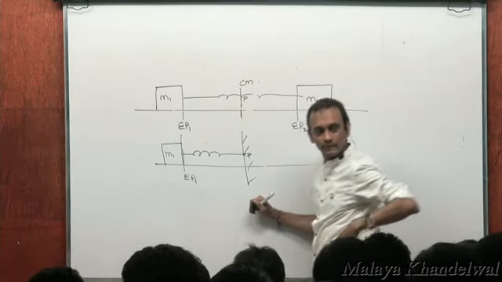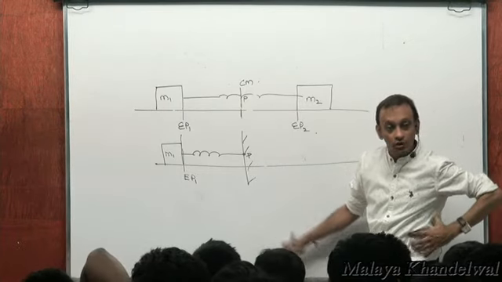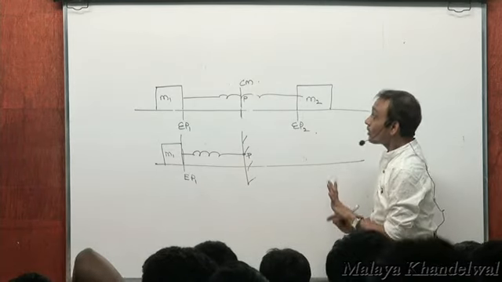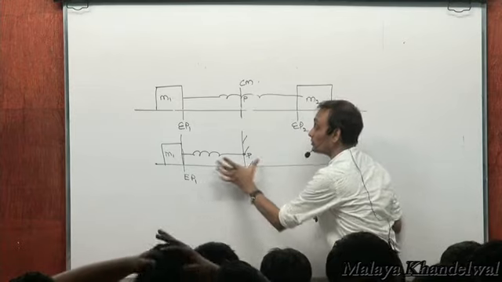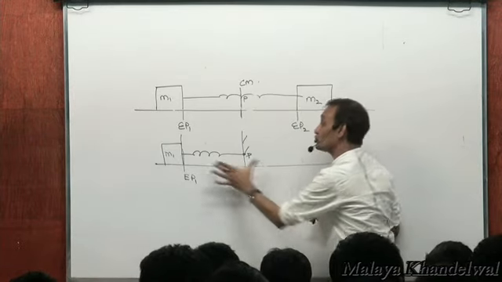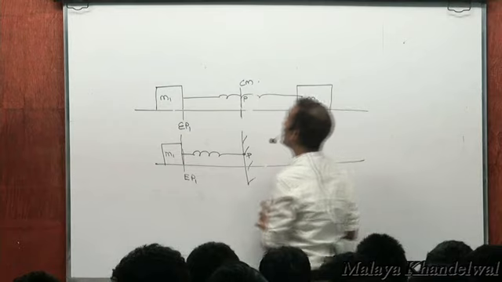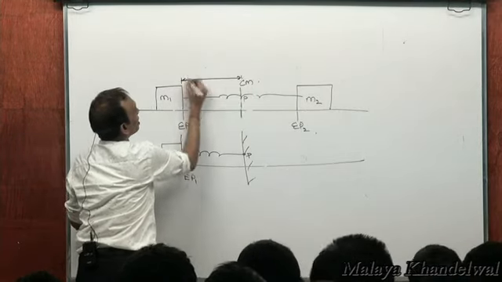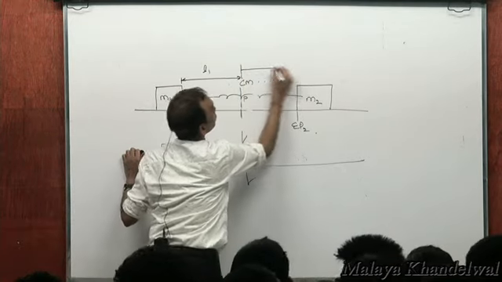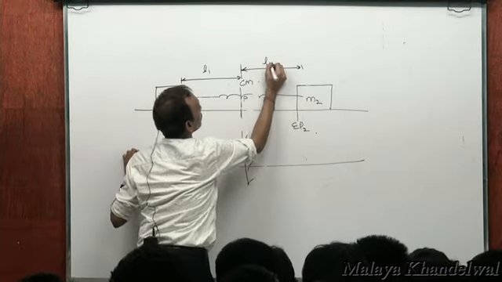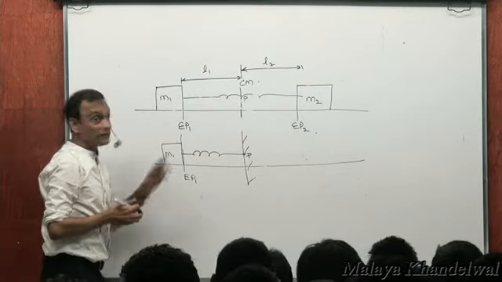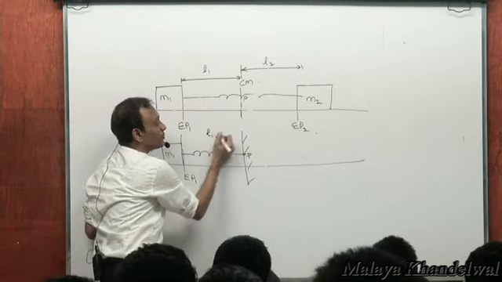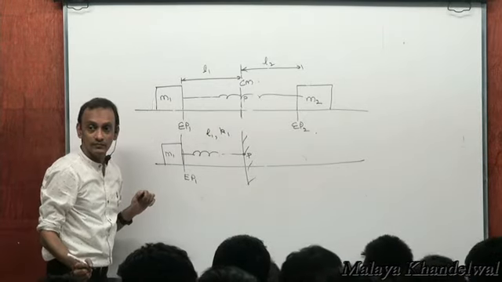Yes, you're right. That's exactly what I was coming to. See, now, this mass therefore is about this part of the spring only, right? Say, if this was L1 and this was L2, then this length L1 would be about spring constant K1, right?